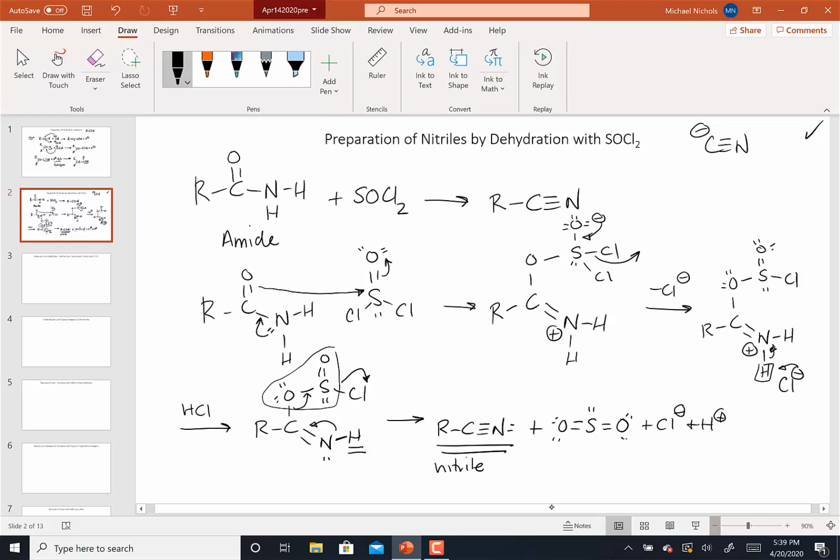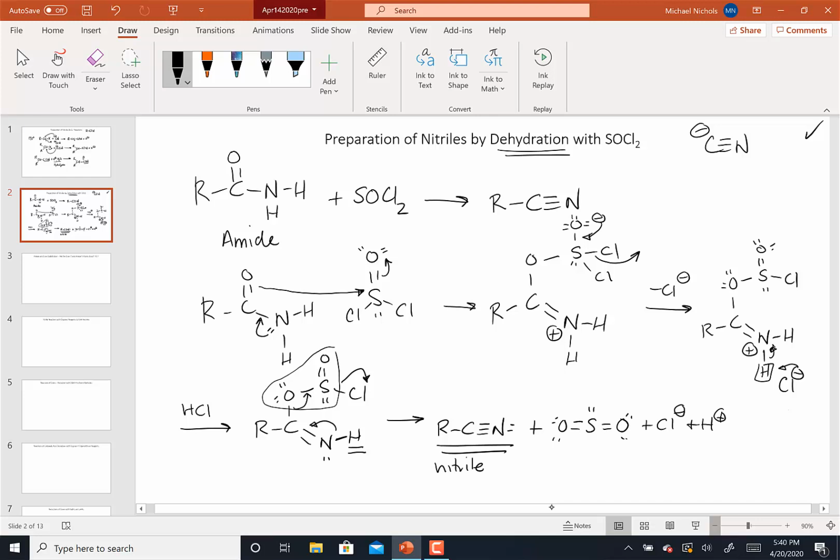So what I'm making is a nitrile by what is called a dehydration reaction. What I'm doing is I basically am losing H plus, and this is a deceptive name because dehydration usually means you lose water, but I'm not losing any water. So we end up with this reaction to make our C triple bond N from the amide.